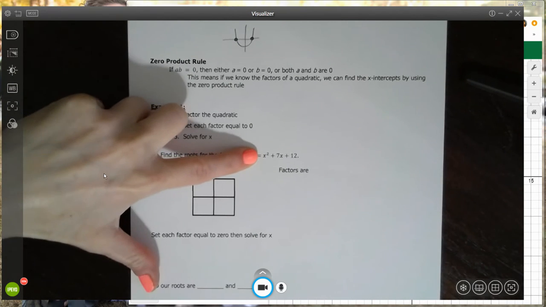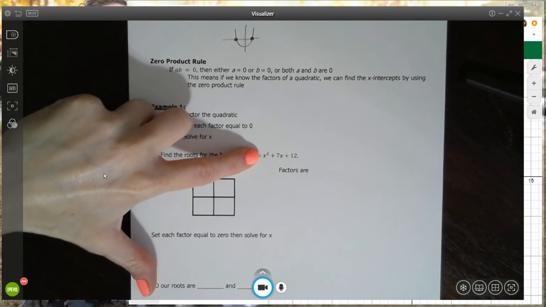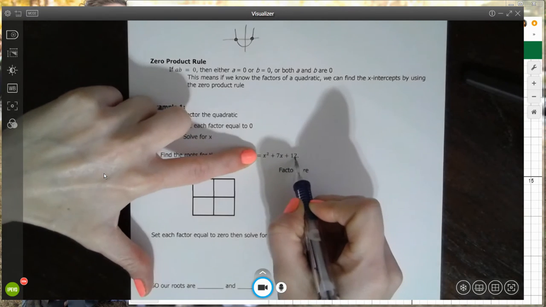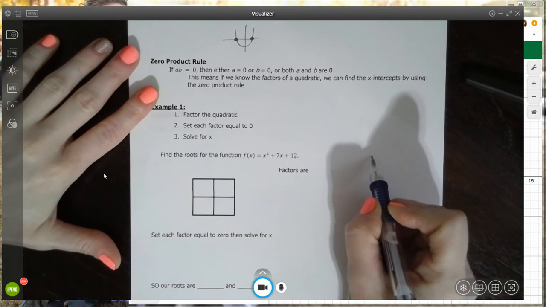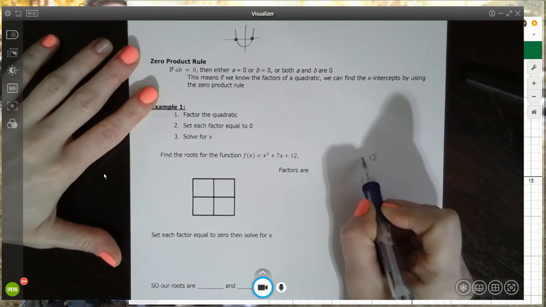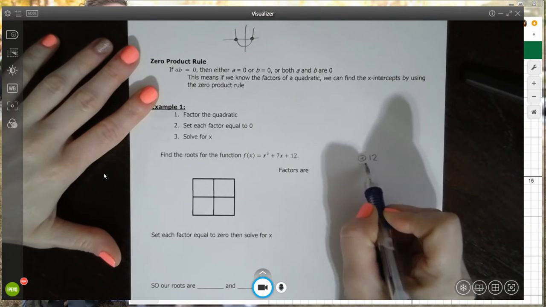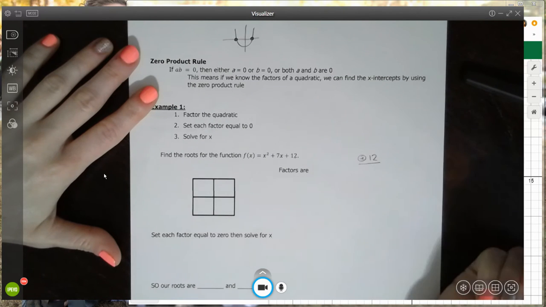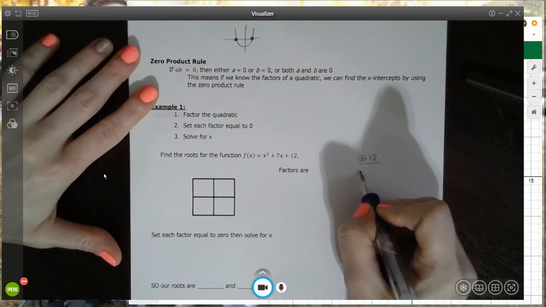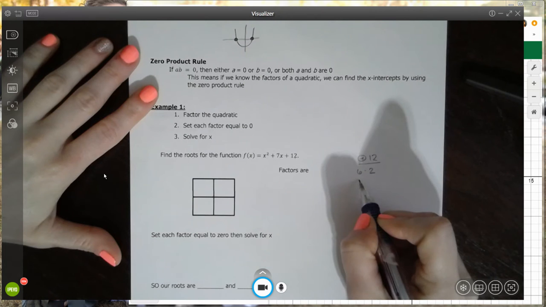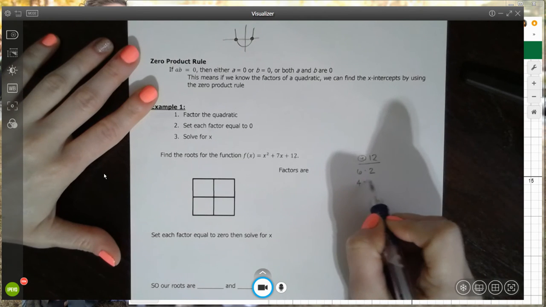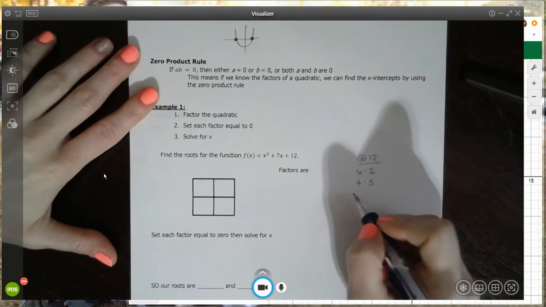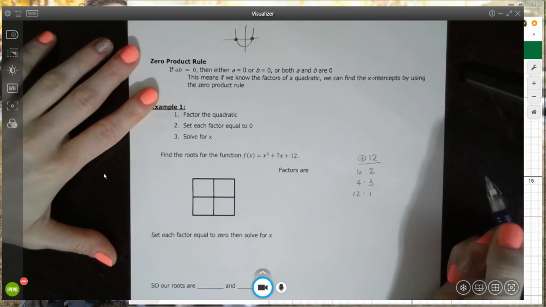So we're starting out with just a level 1. I have an a value of 1. So that tells me I'm breaking down 12 to make 7. I'm multiplying to make 12. Ways that I can multiply to make 12, I have 6 times 2, I have 4 times 3, and I have 12 times 1.